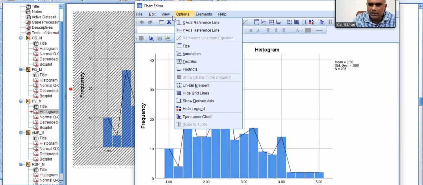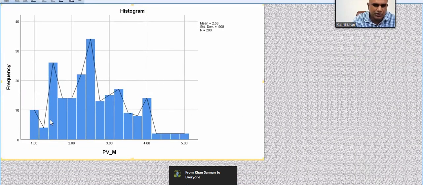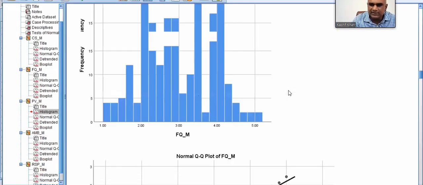Trend line, where's the trend line? I can't see it as of now. Anyway, if I try to draw here, I'm pretty sure that this looks like a little bit left-skewed data. That means this is a little bit non-normal data. The rest looks okay.